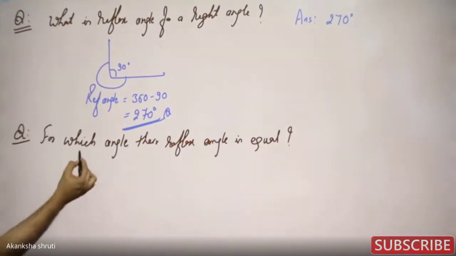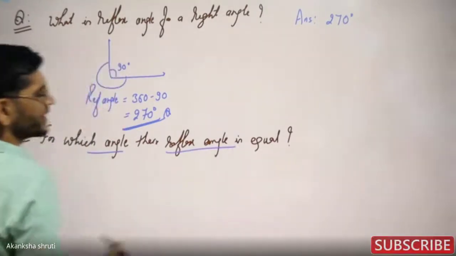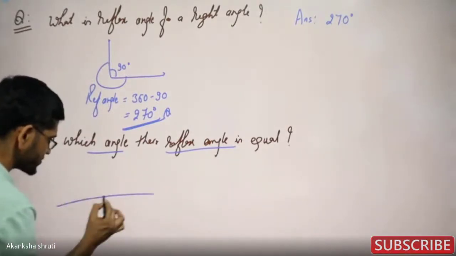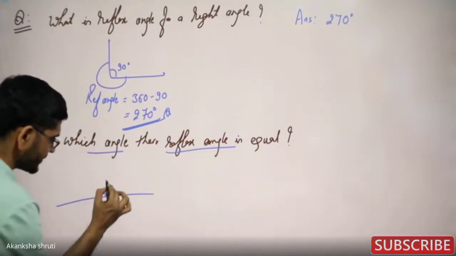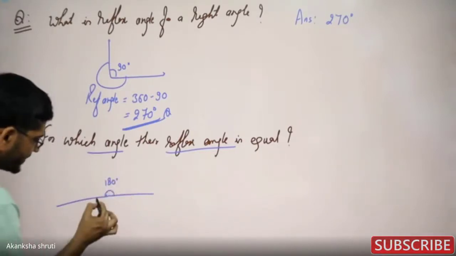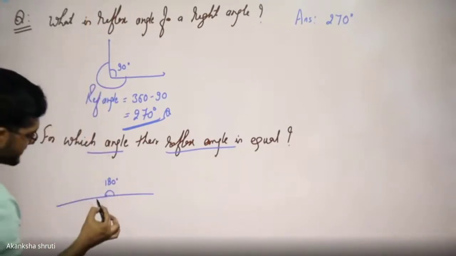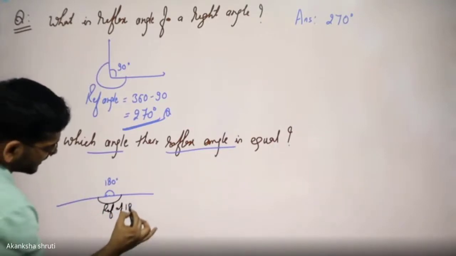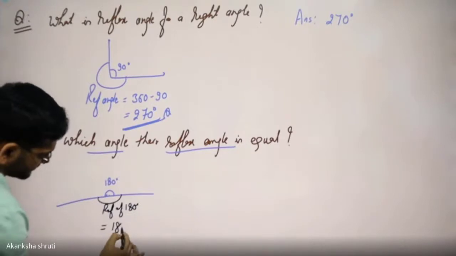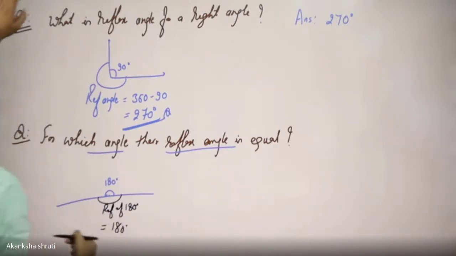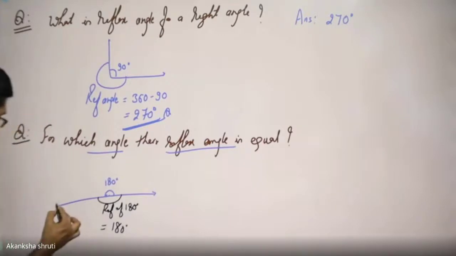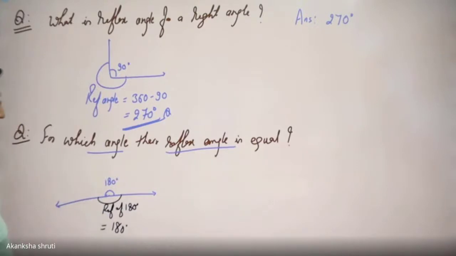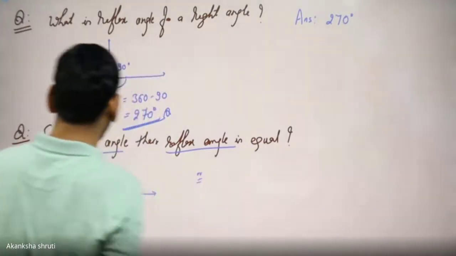Students, for which angle is the reflex angle equal to the angle? We know that if we consider a straight line or a straight angle, this angle is 180 degrees, then the other side which appears as a reflex will also be 180 degrees. You may get it even by subtracting 180 from 360, that will be 180. Or mathematically we can also derive.